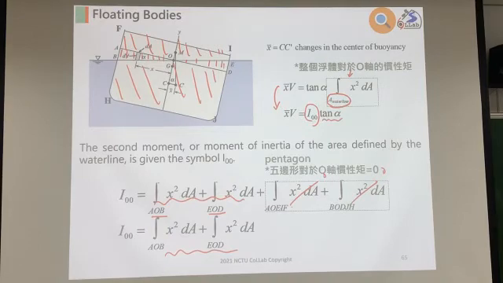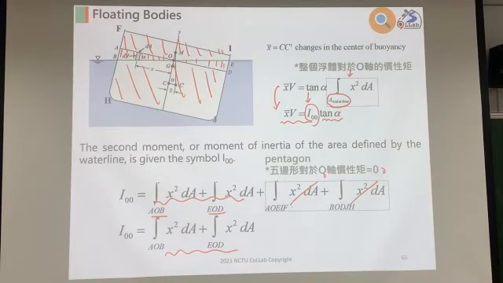And this tangent alpha is still here. So this is our final equation: x bar multiplied by the displaced volume is equal to the total second moment multiplied by tangent alpha.